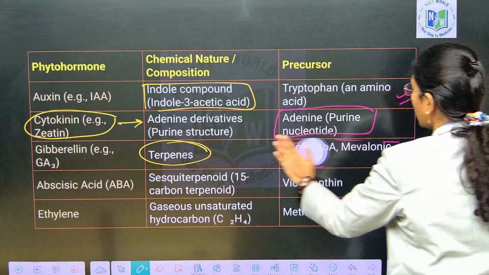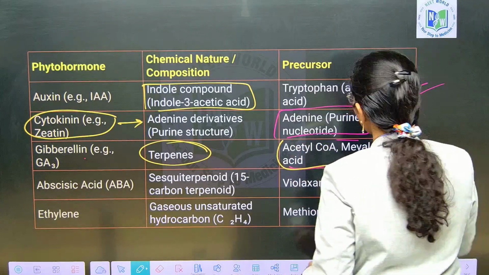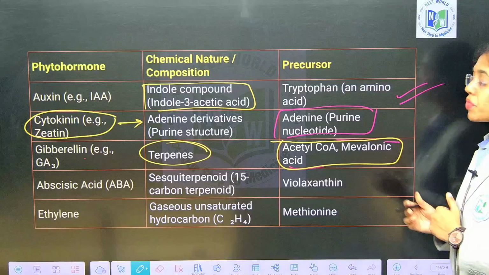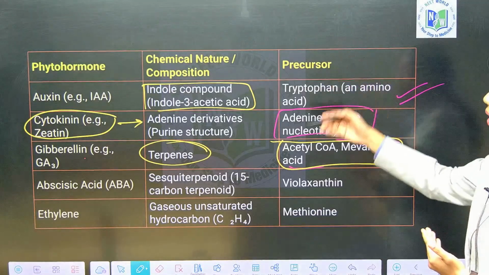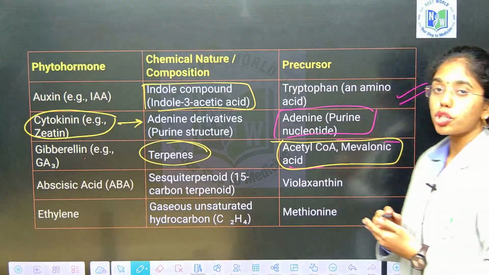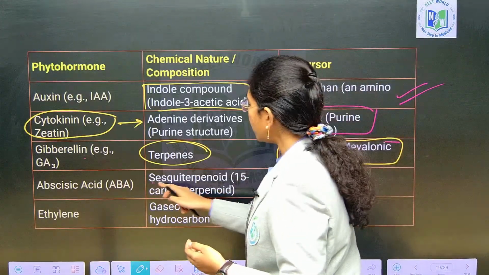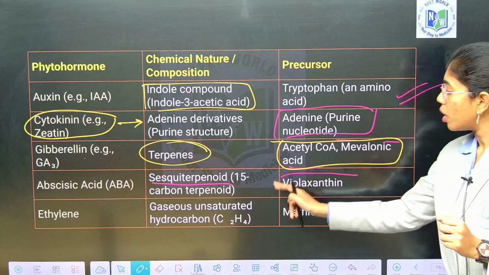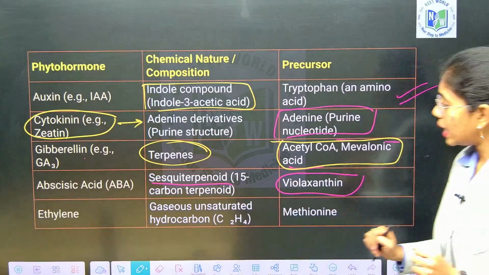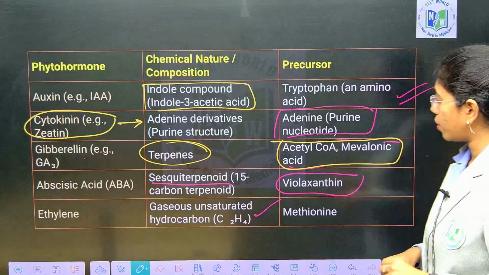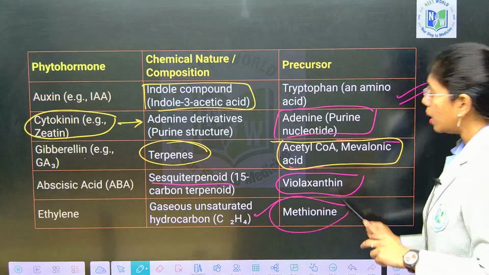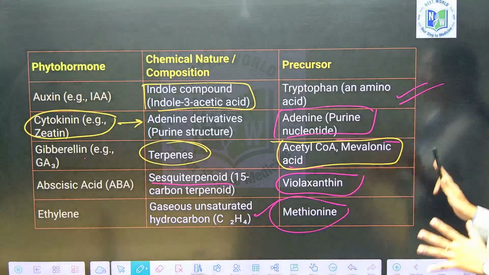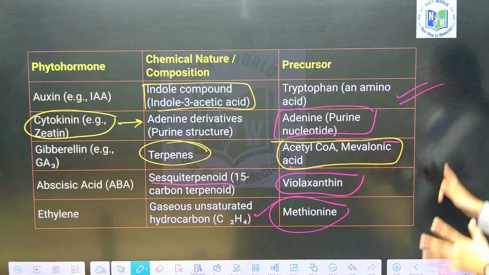Next, abscisic acid. The chemical nature of abscisic acid is sesquiterpenoid, that is 15 carbon terpenoid, and precursor is violaxanthin. Ethylene is a gaseous unsaturated hydrocarbon whose precursor will be methionine. Clear, right? These are the phytohormones, chemical compositions and their precursor.